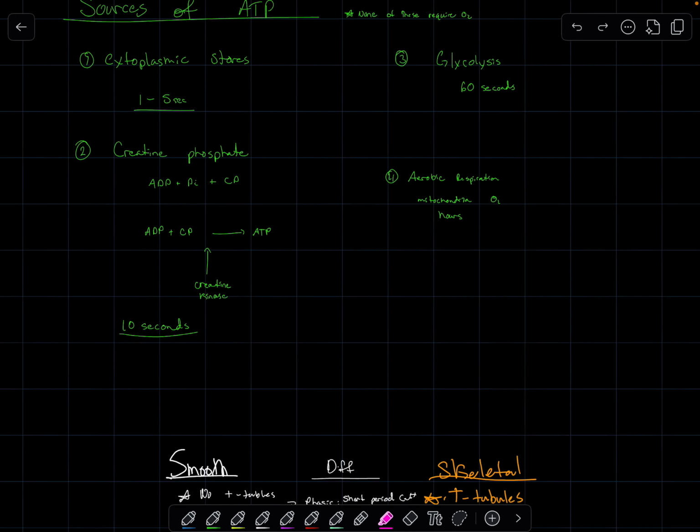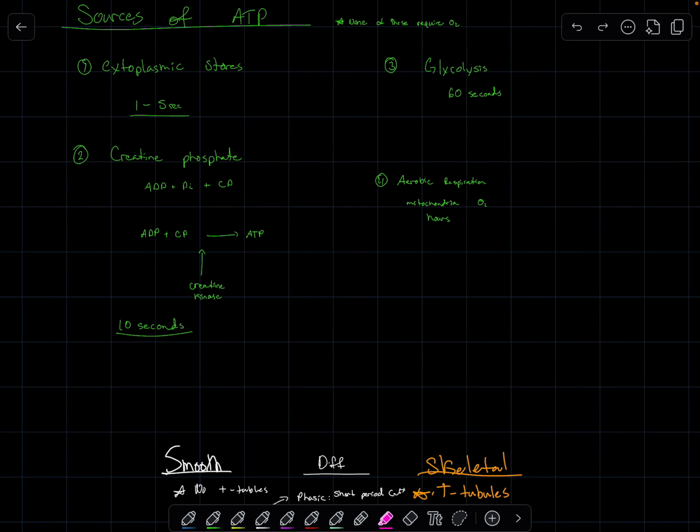And what's interesting too is that this creatine phosphate is found right inside the sarcomere along the medial plate, the M line, and that only lasts for 10 seconds. So once we use up the endoplasmic storage, we move on to creatine phosphate, and that's 15 seconds, not a very long time.